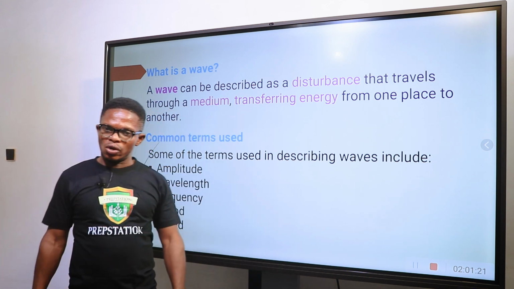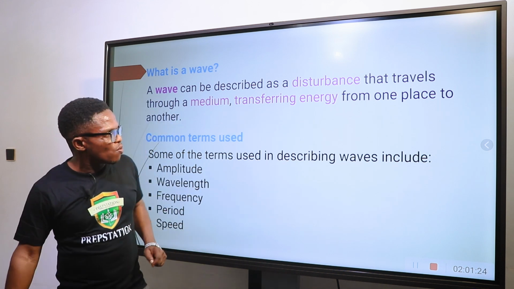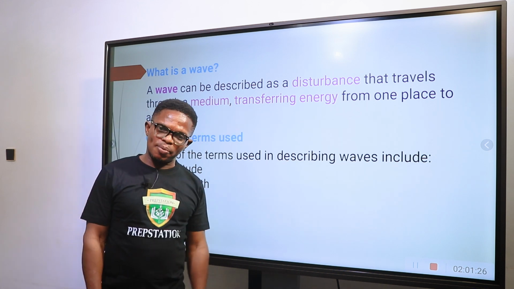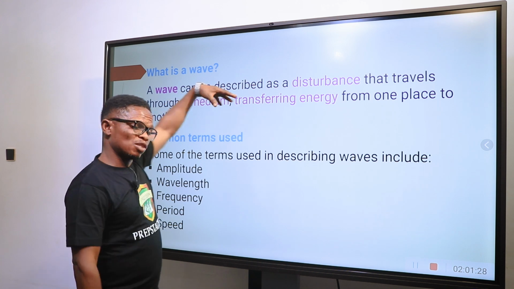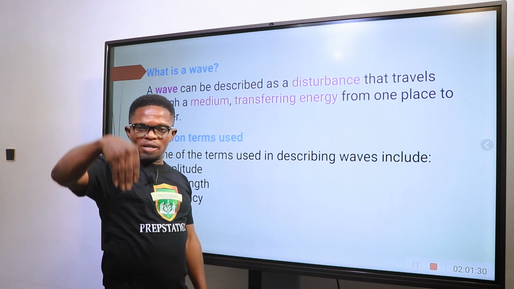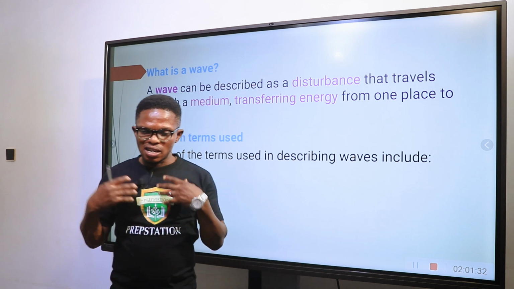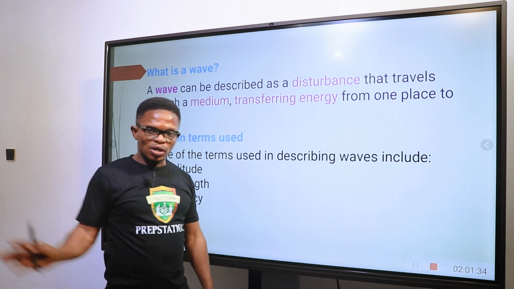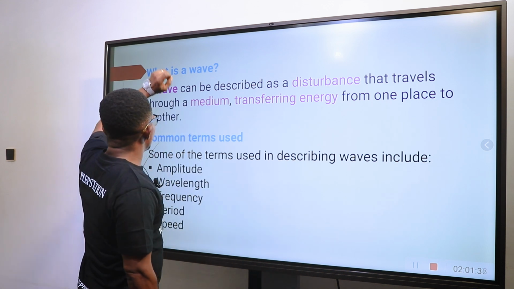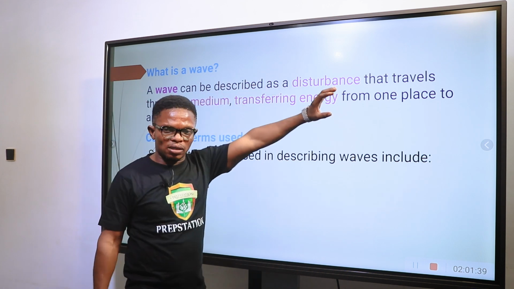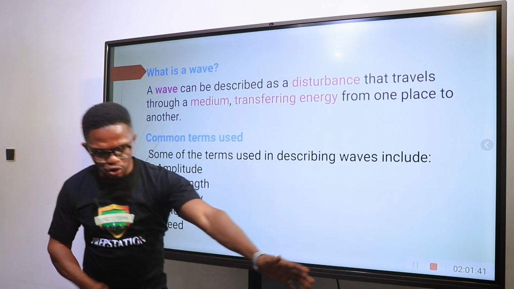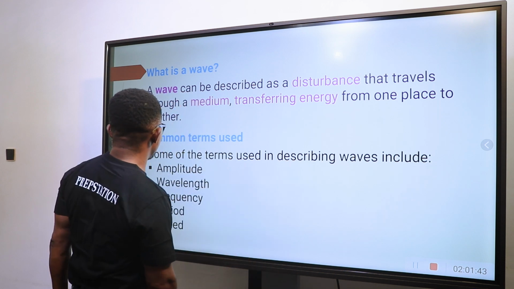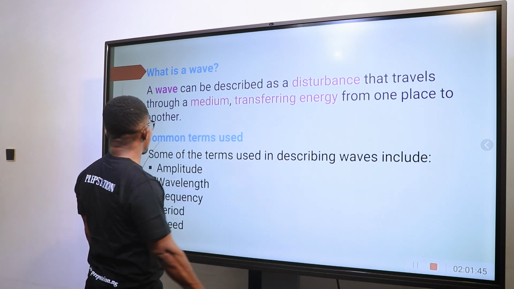According to Newton's law, the wood is not supposed to move until a force has been applied. So it means the wave generated by dropping the stone has created energy, which enables the wood to move. So a wave is a disturbance that travels through a medium, transfers energy, and then leaves the medium without displacing anything.